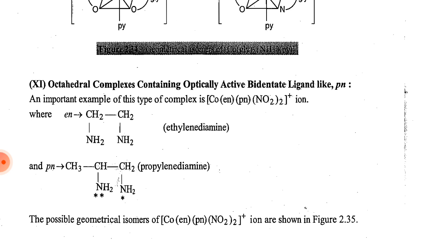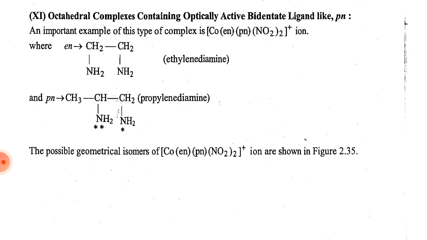Octahedral complexes containing the optically active bidentate ligand pn. An important example of this type of complex is the [Co(en)(pn)(NO2)2] plus ion, where en is CH2NH2CH2NH2, ethylenediamine, and pn is propylenediamine, CH3CHNH2CH2NH2.